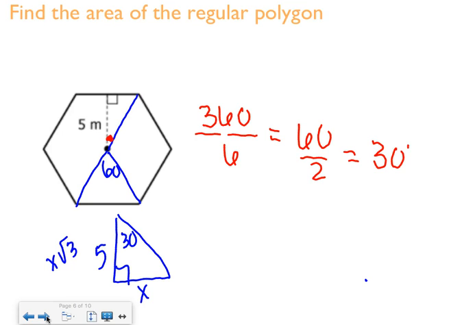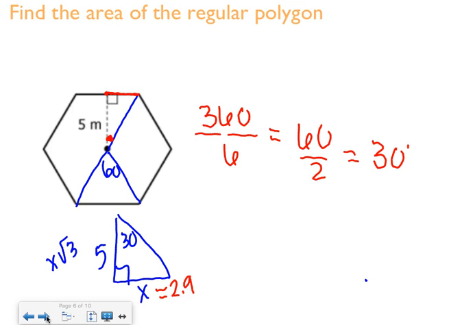Everyone in your calculator, take 5 divided by root 3. Should be 2.9. Okay, but that is just from the center to this vertex.